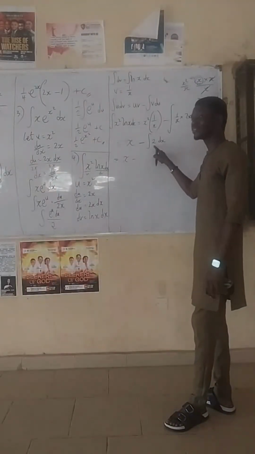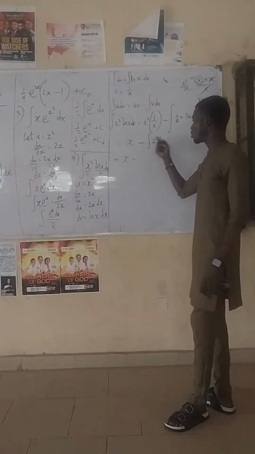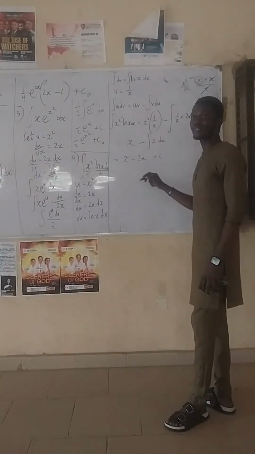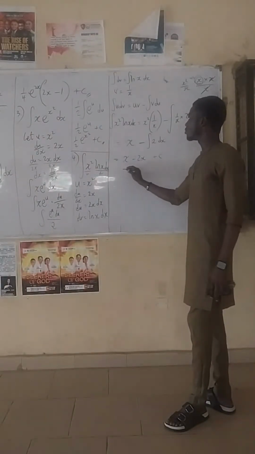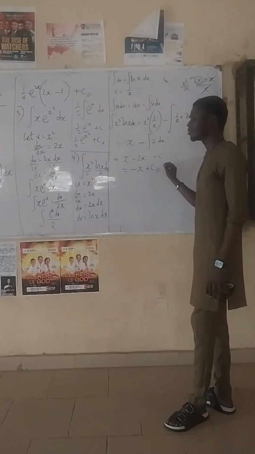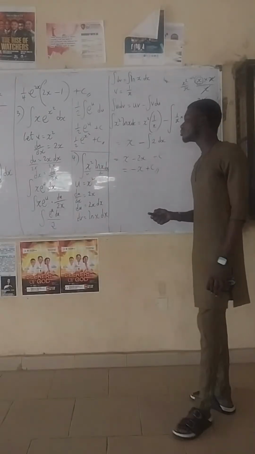If it is 1, it will be x; 2x, 5x, or so. So that means you have 2x here plus c, right? And what is x minus 2x? Minus x plus c. This is the answer. Yeah, this is my answer.